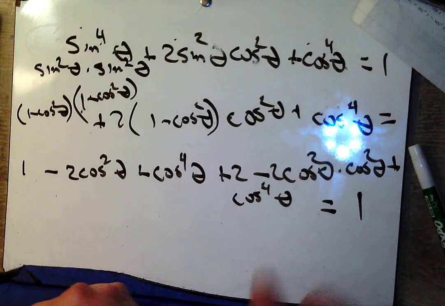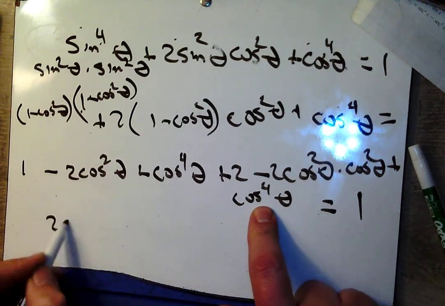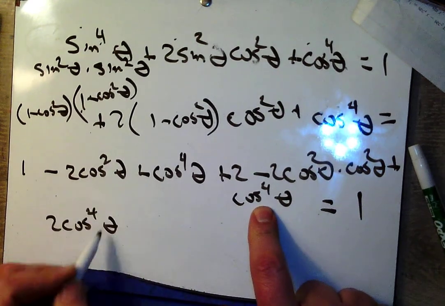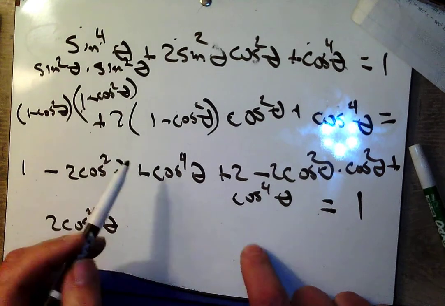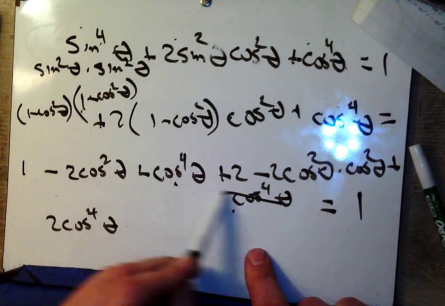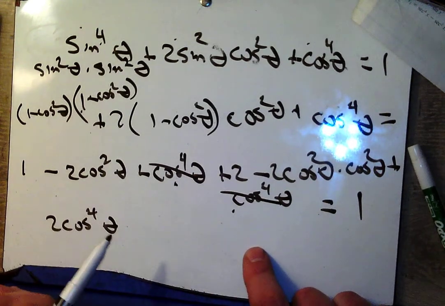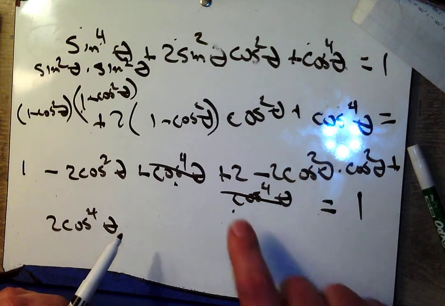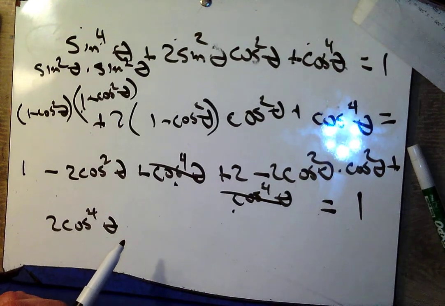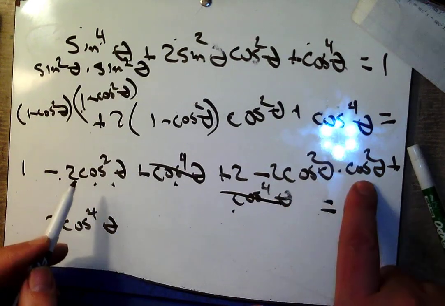Well, so cosine to the 4th plus cosine to the 4th is 2 cosine to the 4th. So that one and that one I've combined. Now we have minus 2 cosine squared minus 2 cosine squared, but this is attached to that.